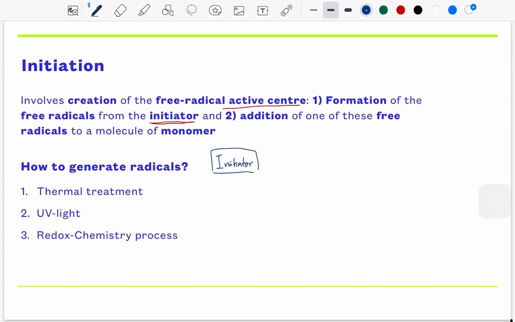We need some treatment for the initiator, because to generate radicals we need some energy. We can get the energy from thermal, from the temperature, to get the radical from the initiator. We can also get it from UV light or redox chemistry.